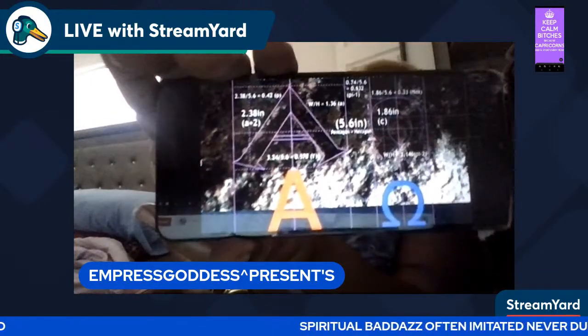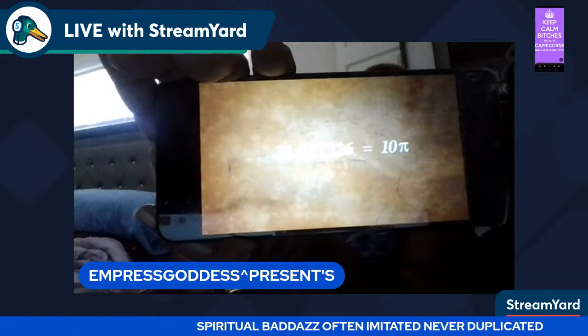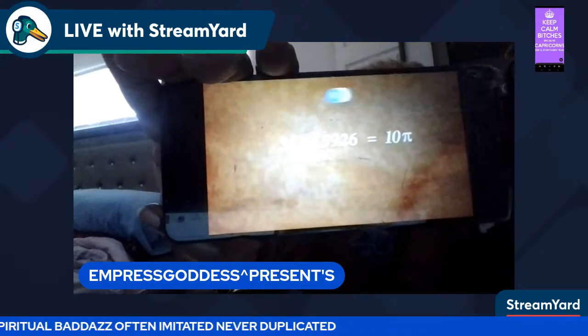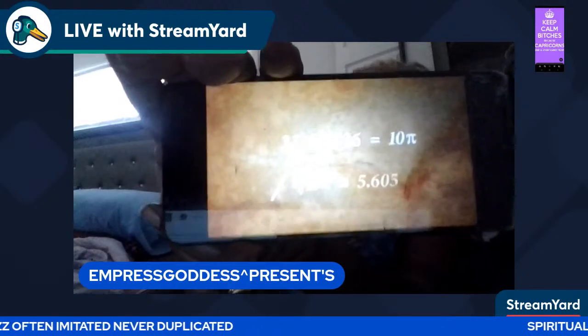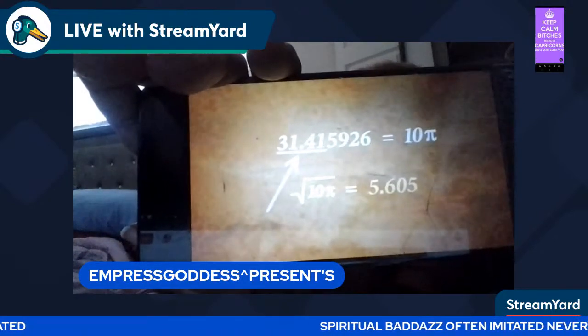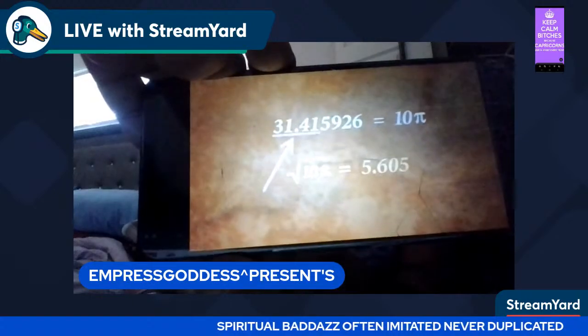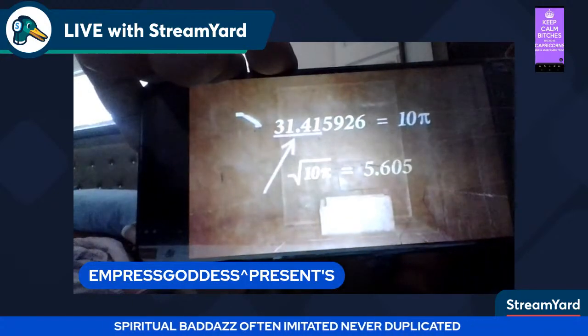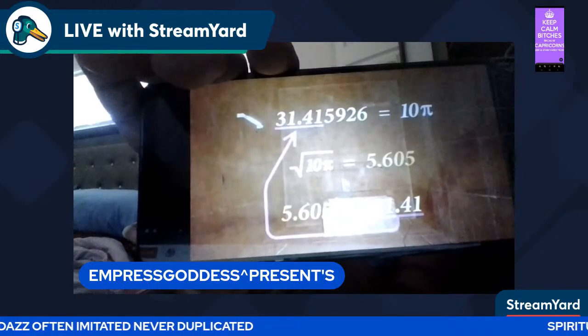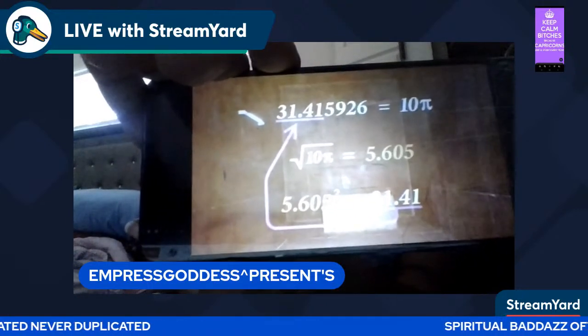The King's Chamber is 31.415926 meters. And the square root of that number, which is pi times 10, turns out to be 5.605 inches. 5.605 squared equals the dimension of the perimeter of the King's Chamber room itself.